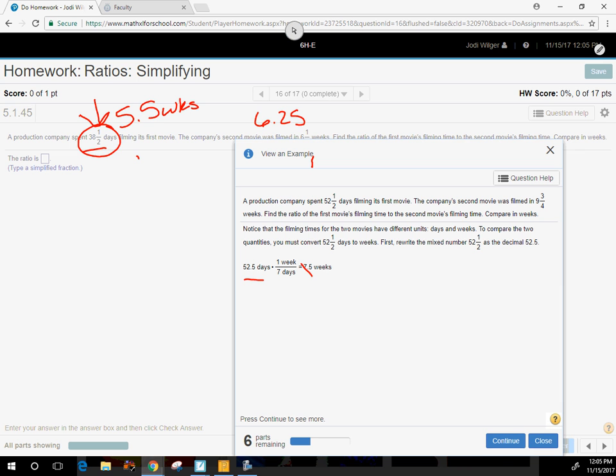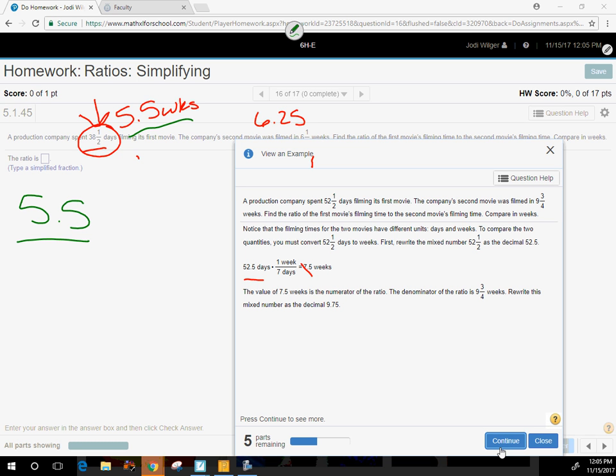Now if I continue, I see that this number comes first. Whoops. So it goes on top. It's my numerator. 5.5 weeks to 6.25 weeks, and you should know exactly how to take it from here.